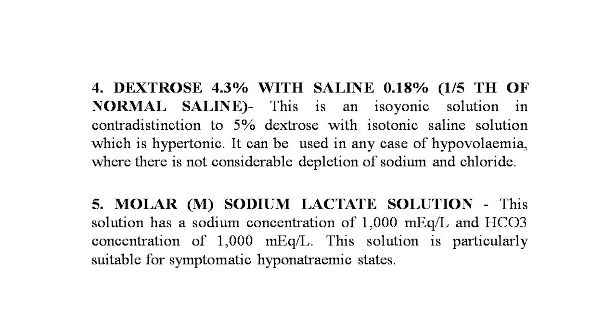It can be used in any case of hypovolemia where there is no considerable depletion of sodium and chloride. Fifth is the molar sodium lactate solution. This solution has a sodium concentration of 1000 milliequivalent per liter and a bicarbonate concentration of 1000 milliequivalent per liter. This solution is particularly suitable for symptomatic hyponatraemic states.